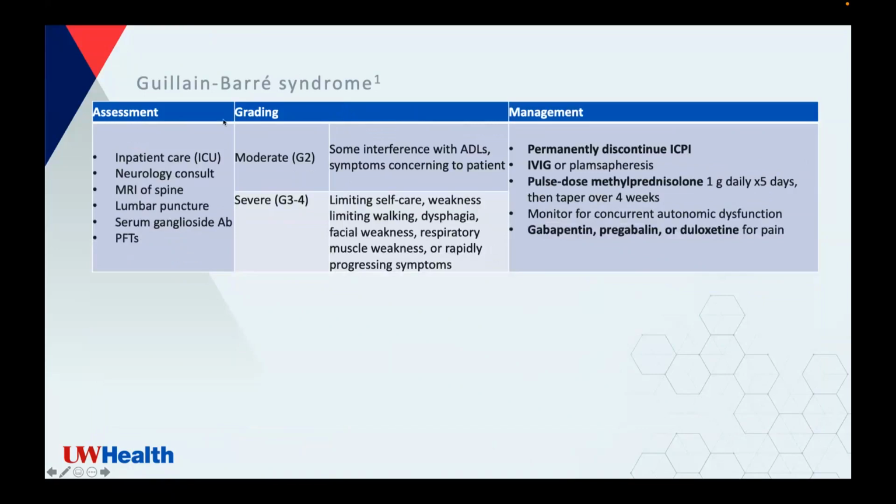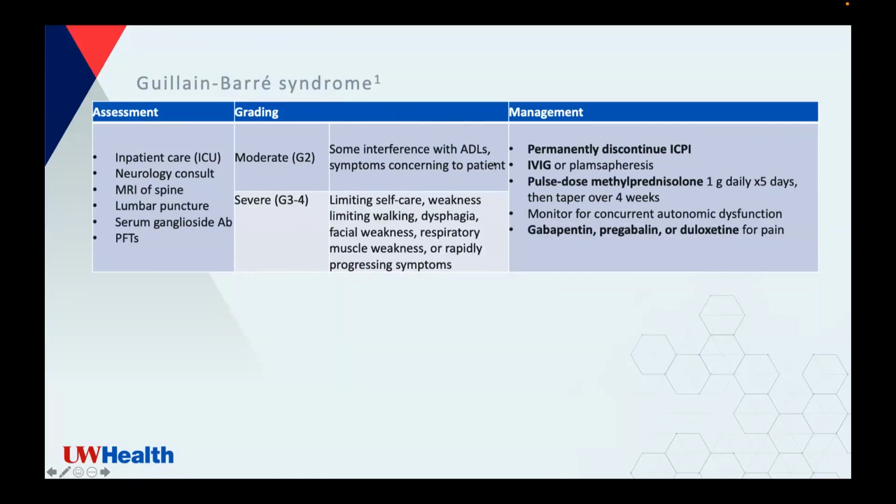For Guillain-Barré syndrome, similar to the last case, there's no G1, it goes right to G2. For moderate presentation with some interference with ADLs and symptoms that are concerning to the patient, we'd really manage it the same as we would for a patient who's severe, and that might present with limited self-care, weakness, progressing towards respiratory decline.